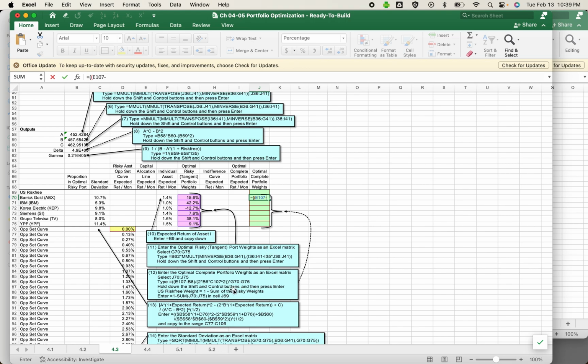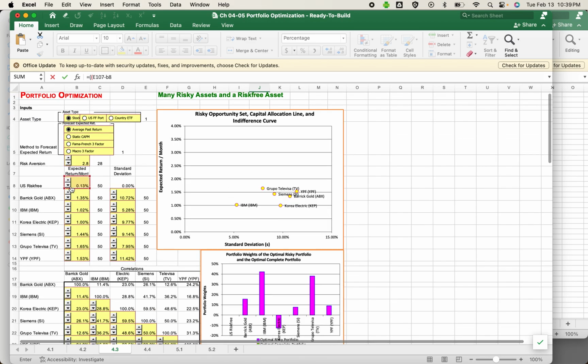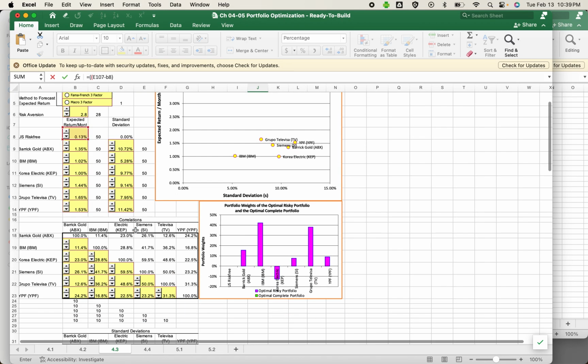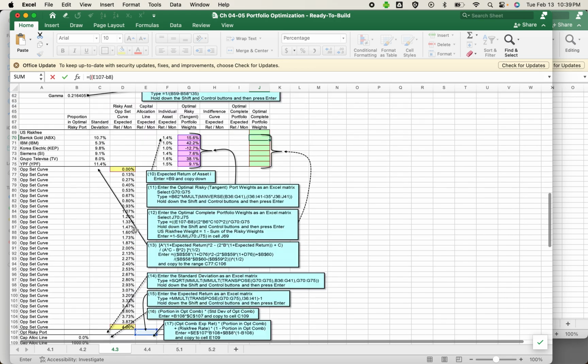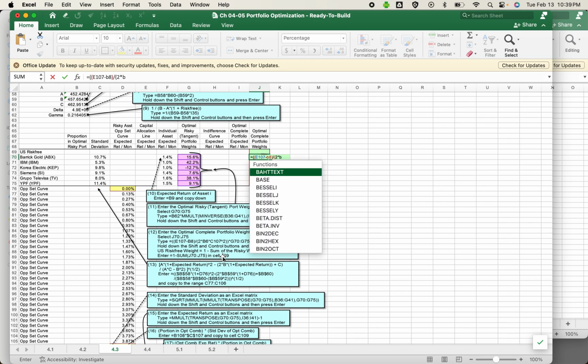Minus B8, which is our risk-free rate. My B8 risk-free rate, close parentheses, divided by 2 times B6.